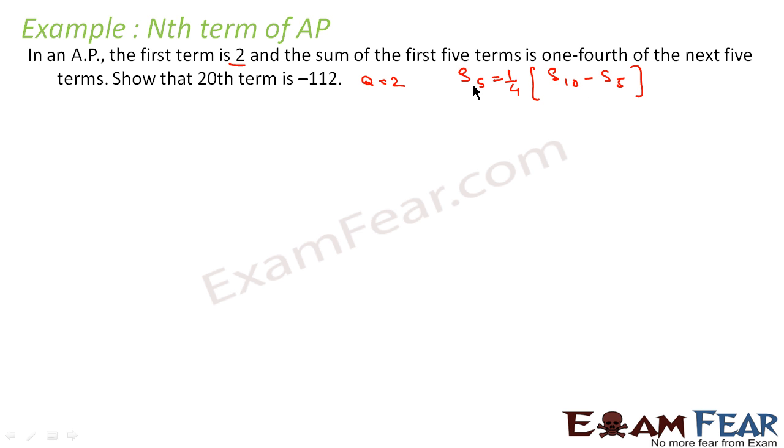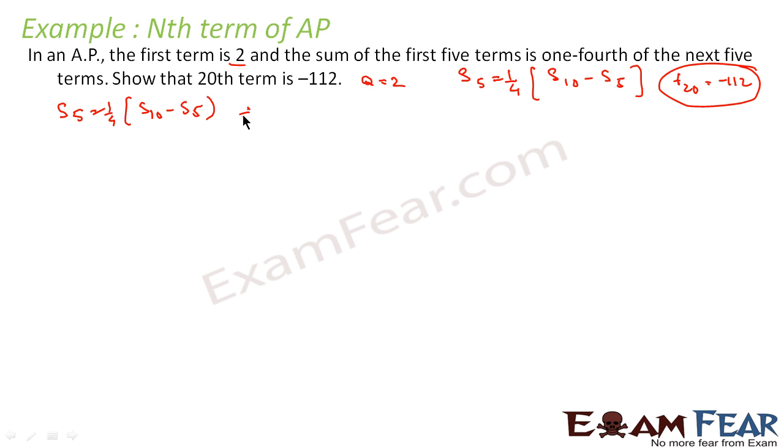These are the 2 values given in the problem. Now we have to prove that T20 is equal to minus 112. So let's try. S5 is equal to 1/4 into S10 minus S5.